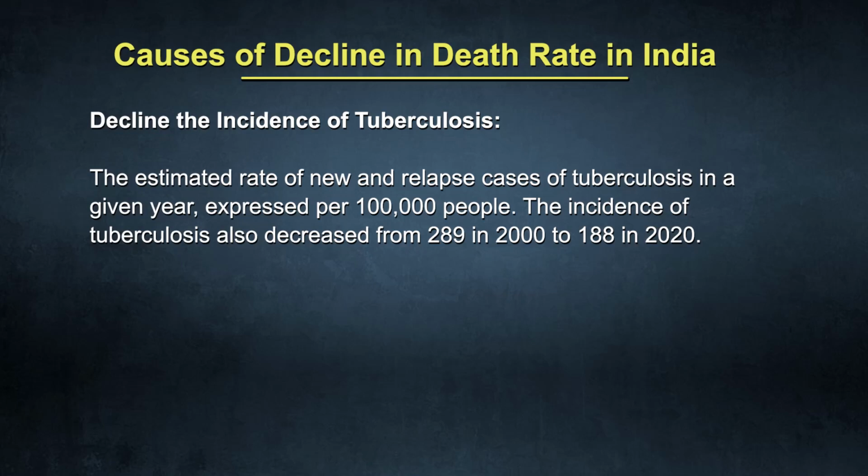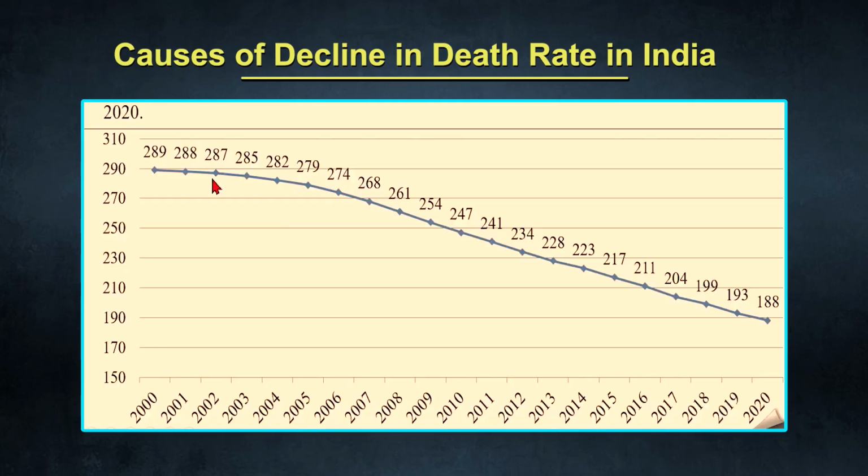But this incidence of tuberculosis also decreased in our country from 289 in the year 2000 to 188 in the year 2020. All these evidences, that is the reduction of maternal mortality rate, child mortality rate, or infant mortality rate, or incidence of tuberculosis, indicate that the mortality rate is gradually decreasing in our country.